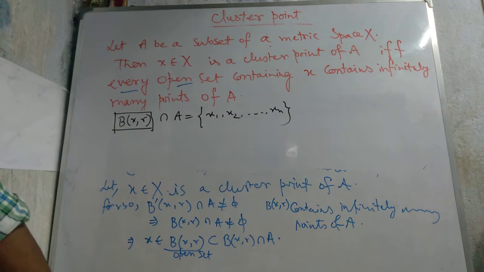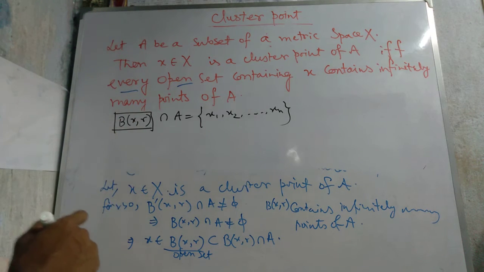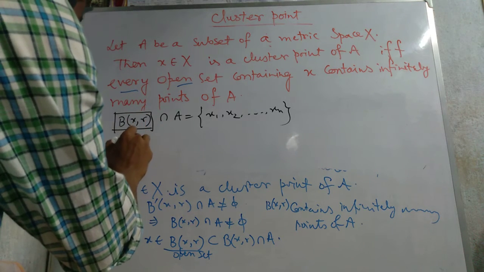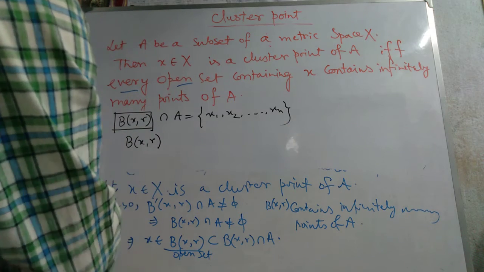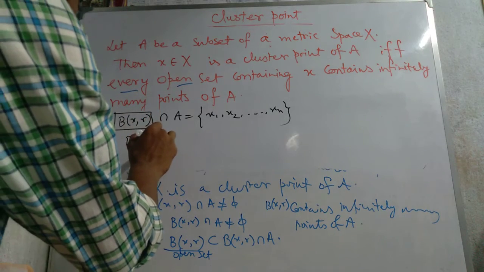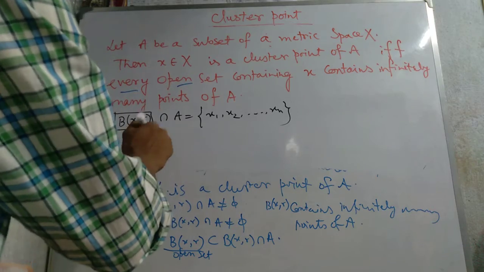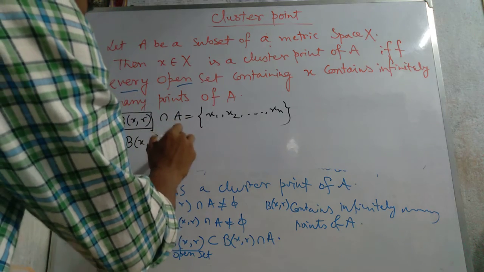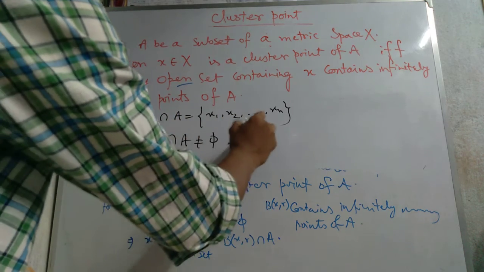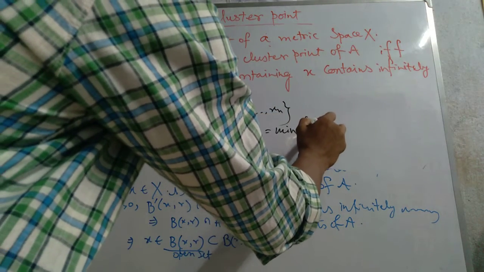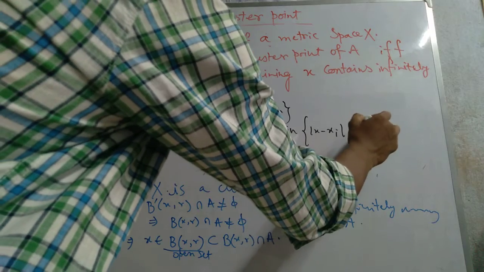Then we talk about this open set. We choose r1 such that B(x,r1) intersection A not equal to phi, where r1 is the minimum of these differences, so r1 less than or equal to r.